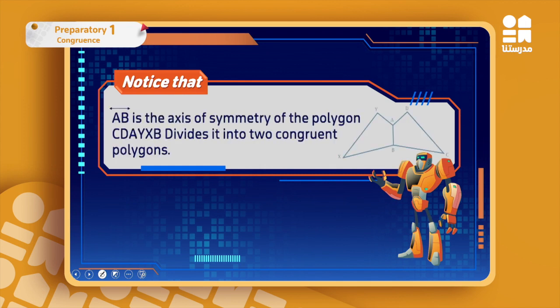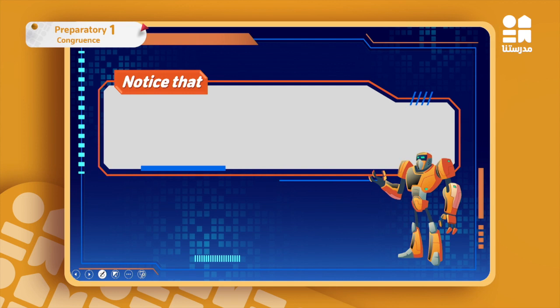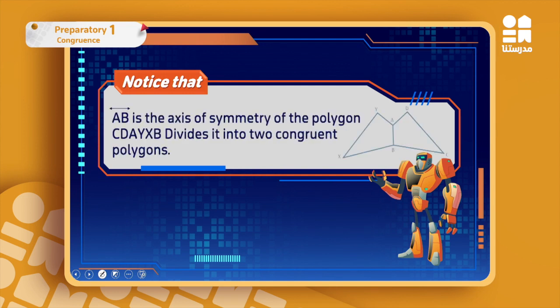Notice that the line AB is the axis of symmetry of the polygon. Here we have this polygon, AB, we can call it the axis of symmetry. Why? Because when we imagine that it's drawn on a paper, when we fold the paper, we will get the two polygons above each other exactly.